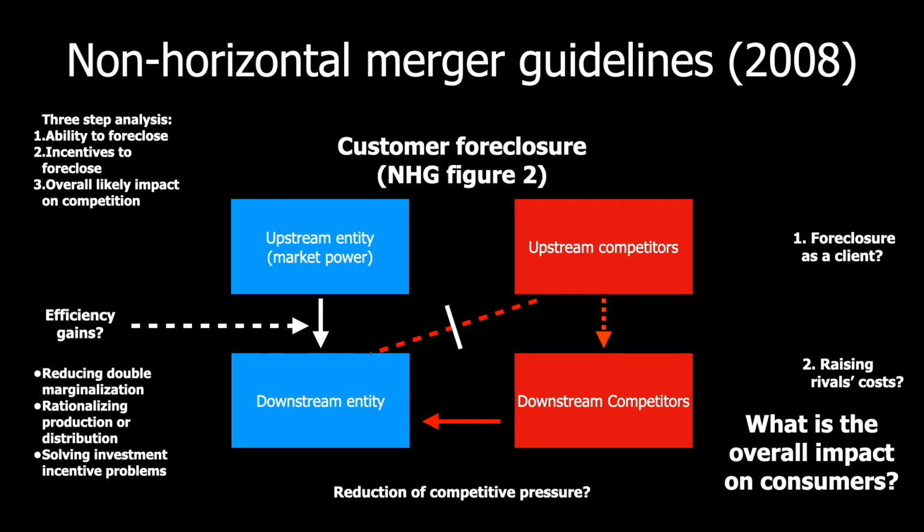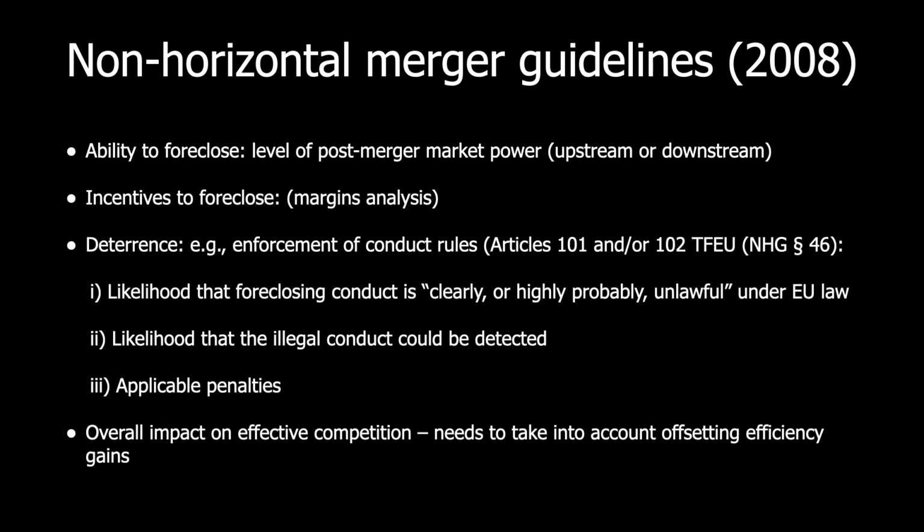This means that downstream competitors have higher input costs, and that places them at a competitive disadvantage, enabling the new vertically integrated firm to raise prices in the downstream market. This is the raising rivals' costs effect. Just like in the input foreclosure scenario, we must also take into account whether possible efficiency gains may outweigh anti-competitive effects.